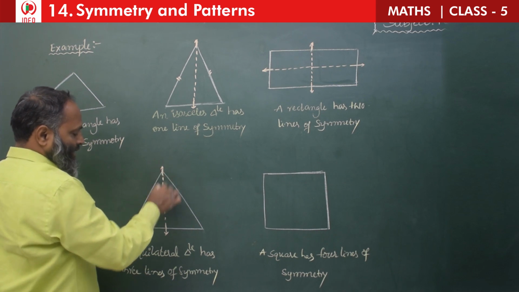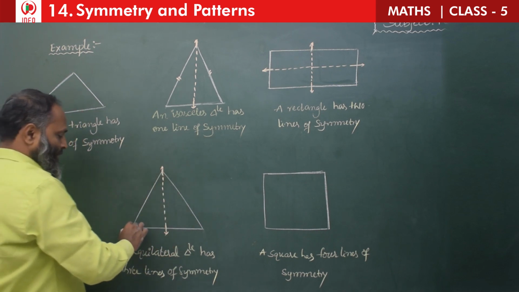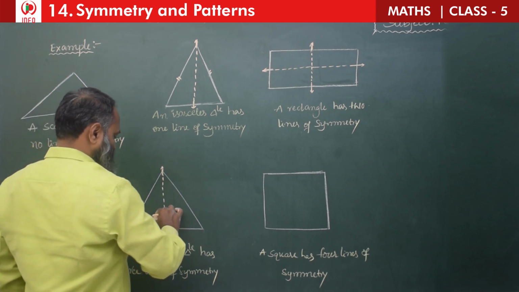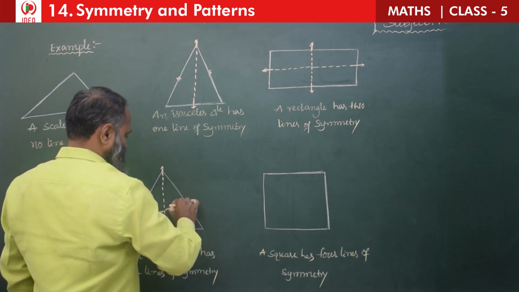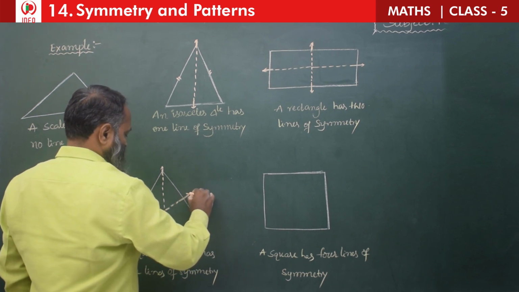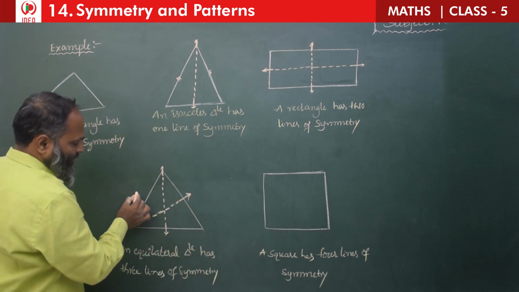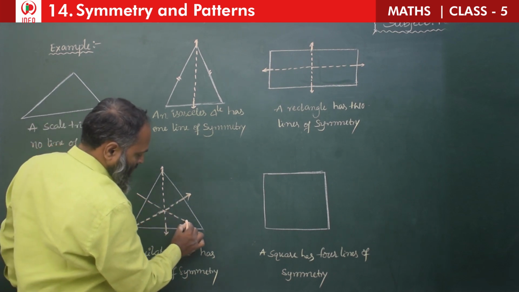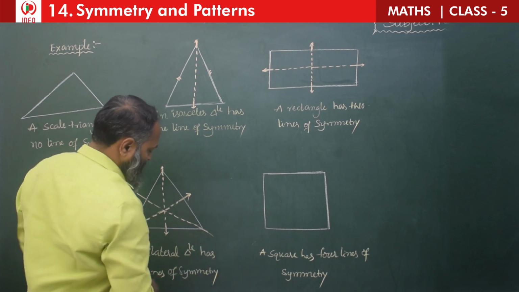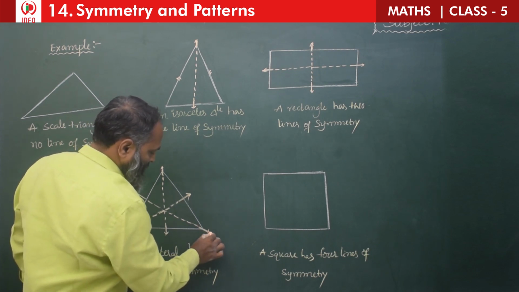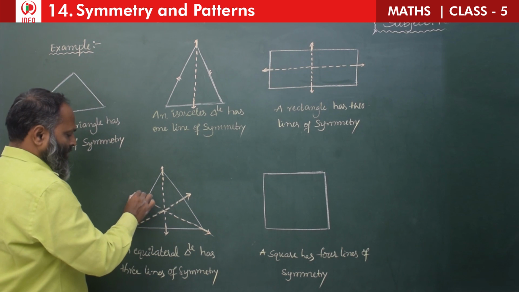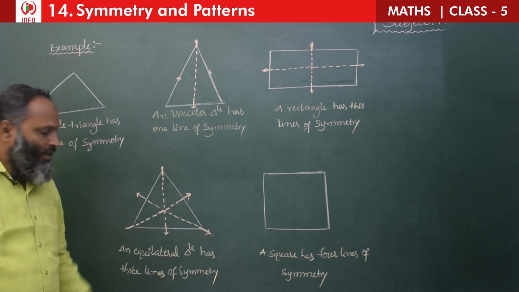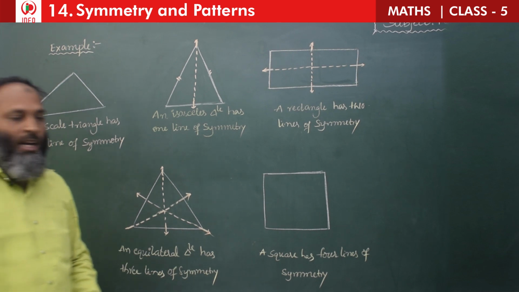From this vertex to the opposite side we draw a perpendicular, and in the same way from the next vertex, and the next. These are the three lines we can draw. So these are the three lines of symmetry in an equilateral triangle.